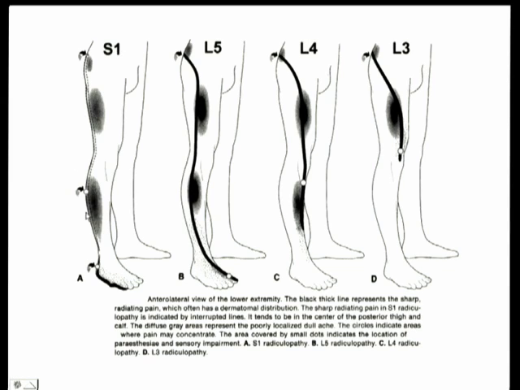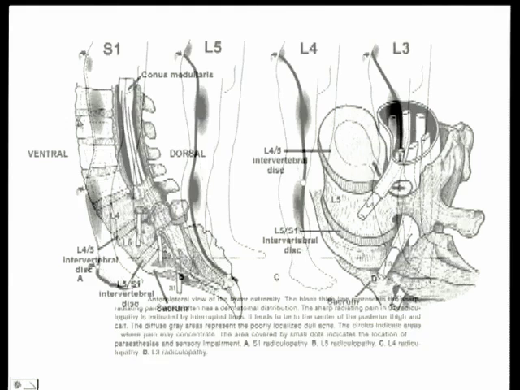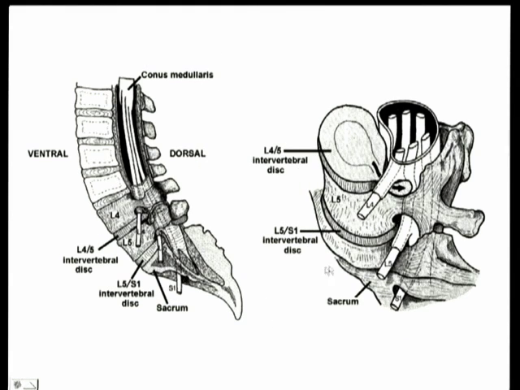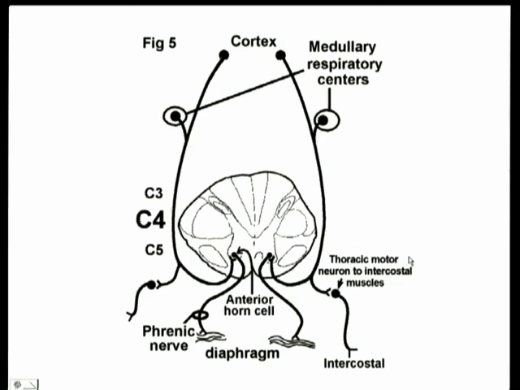To get an S1 radiculopathy, you're going to have a problem between L5 and S1. This really shows it. Here's the intervertebral disc between L4 and L5, and you can see it's getting L5. Here's the disc between L5 and S1, and this would go in and get the S1.